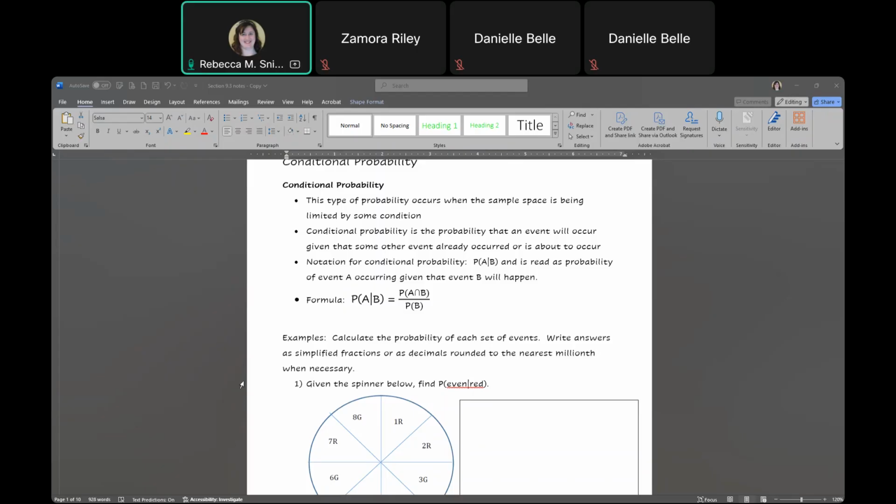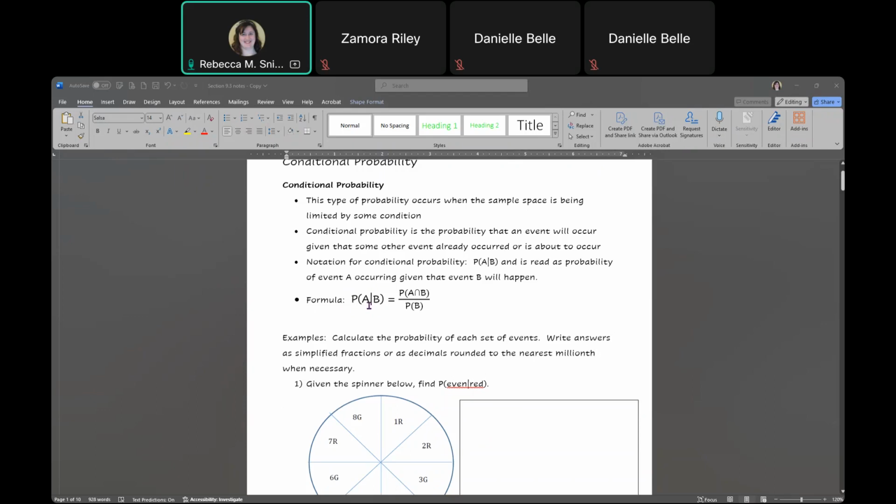So, when we're talking about conditions, that is what we're talking about. We have to have the first event happen in order for the second event to occur. And so we use this notation right here. So this little straight bar is the phrase "given that."